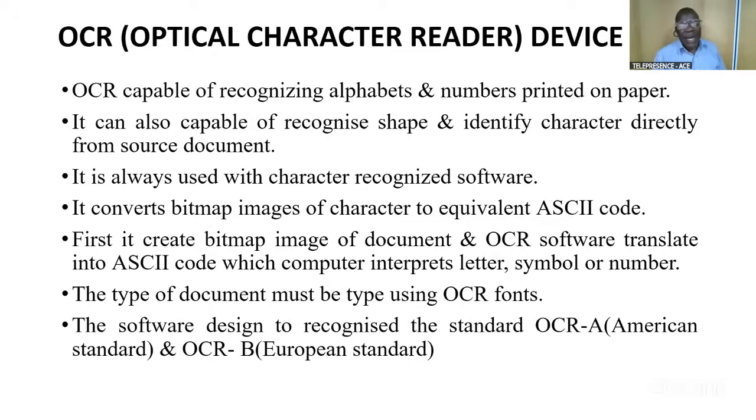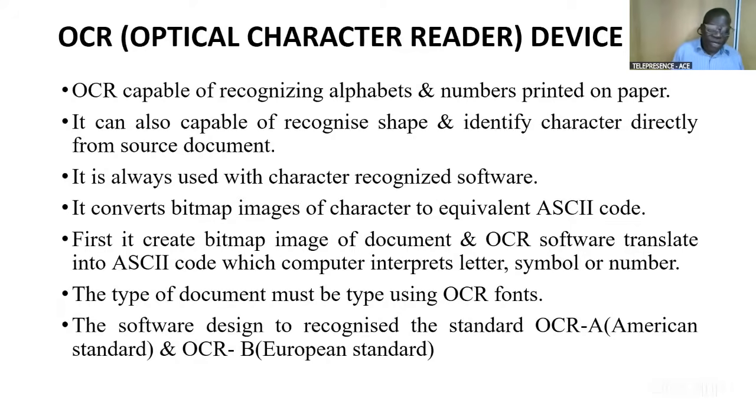OCR, optical character reader device. OCR is capable of recognizing alphabets and numbers printed on paper. It is also capable of recognizing shapes and identifying characters directly from the source document. It is always used with character recognition software, which converts bitmap images of characters to equivalent ASCII code.